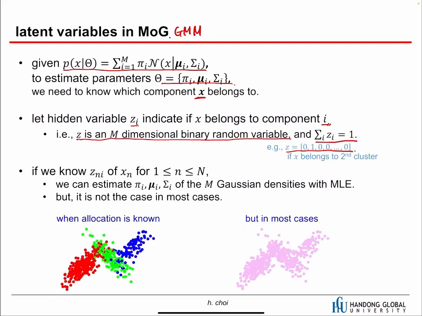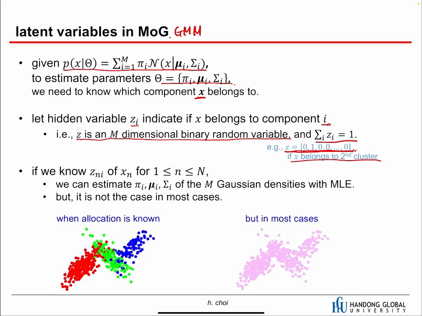With this example, x belongs to the second cluster. But we don't know this. If we knew x belongs to the second cluster for sure, then z would be like this. So z is a hidden variable which is not given. We don't have this knowledge yet.